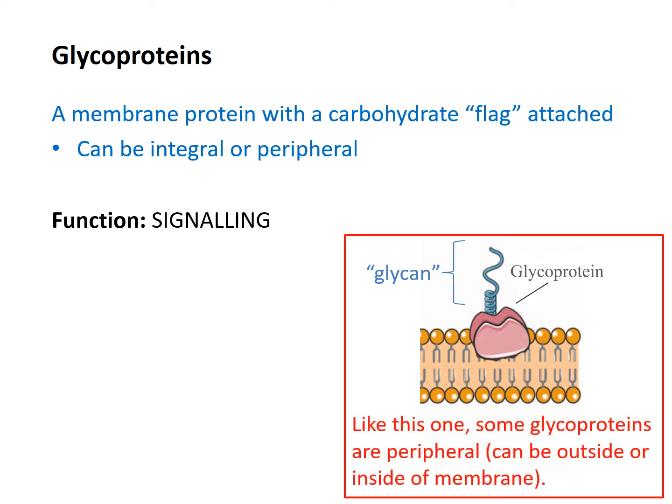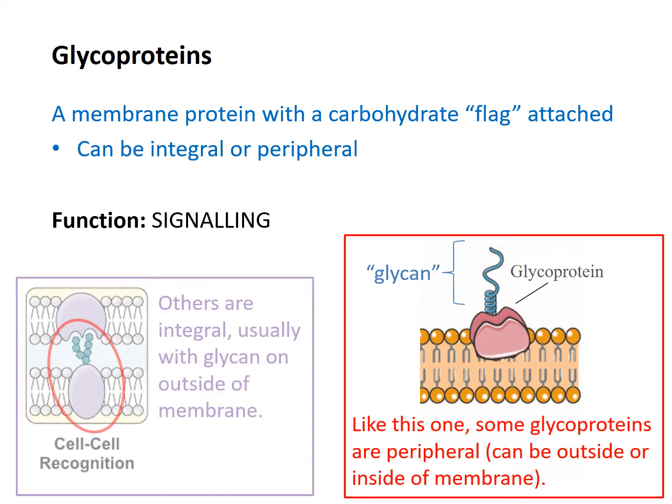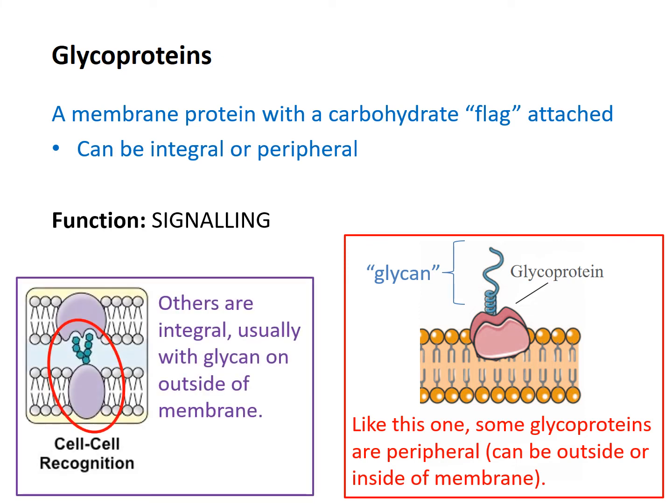Like this one, some glycoproteins are peripheral. They can be outside or inside of the membrane, with their glycan flag waving towards the outside or waving towards the inside of the cell. But others are integral glycoproteins.